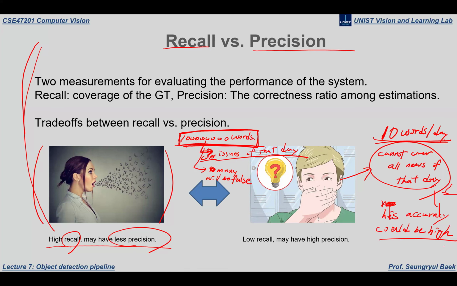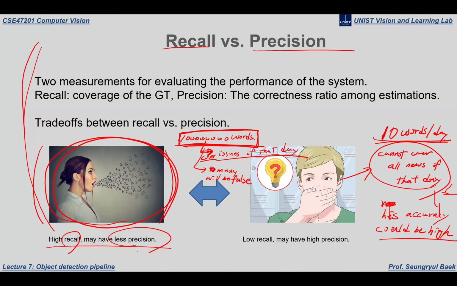So this is similar to the algorithms we developed. Let's say this is an algorithm that produces a lot of responses. If an algorithm produces a lot of responses, a lot of bounding boxes, then it can capture all the objects inside an image.